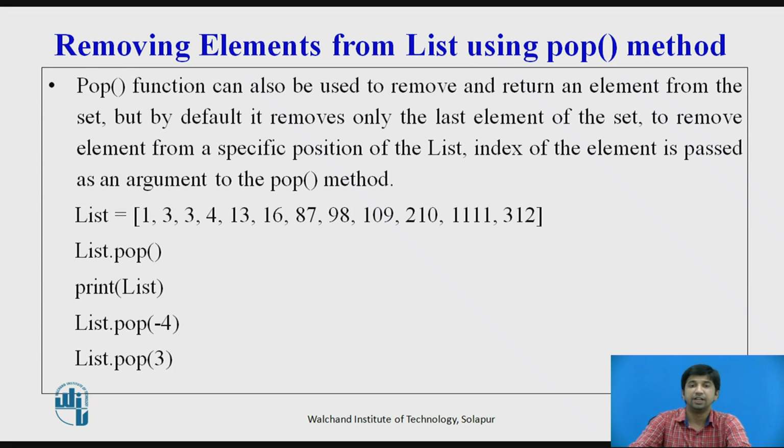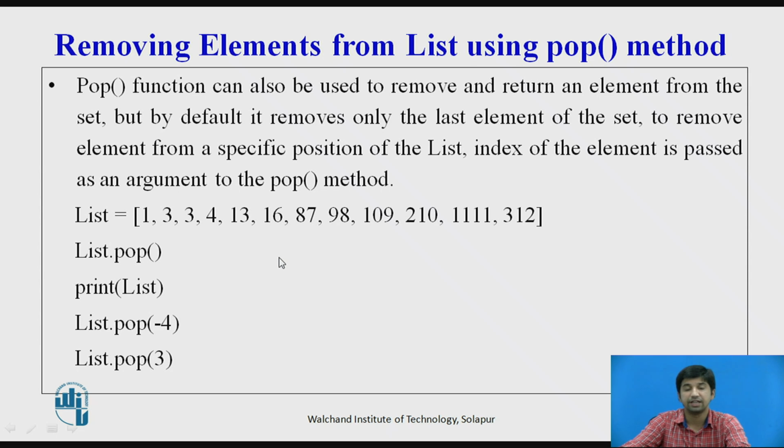Next, removing elements from a list using the pop method. The pop function can be used to remove and return an element from the list, but by default it removes only the last element. Suppose I say only pop, what will it do? 312 will be deleted.